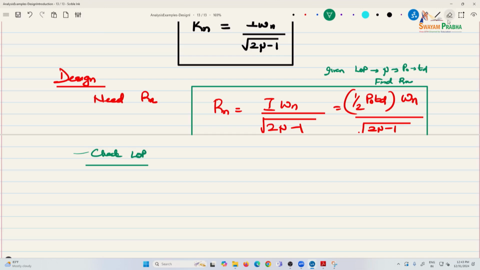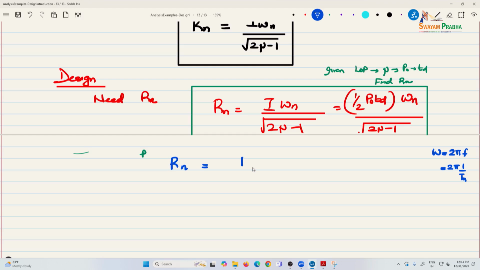so before that we'll just go over a little bit and finish it off. Now I can express this Rn slightly in a different way. I can say Rn is equal to, knowing that omega is equal to 2 pi f, which is 2 pi, f is 1 over t, so 2 pi by Tn.